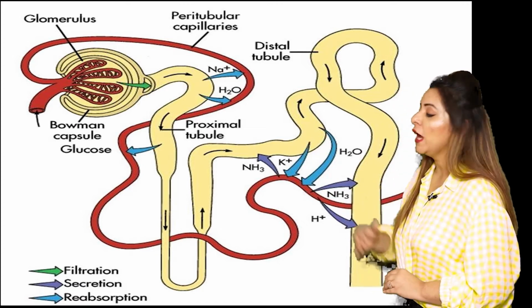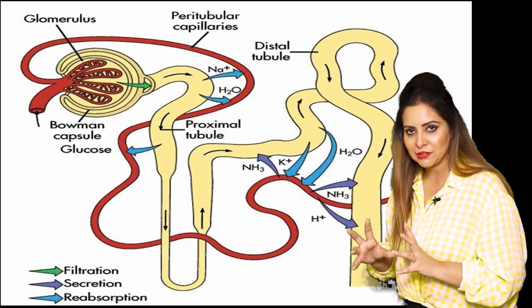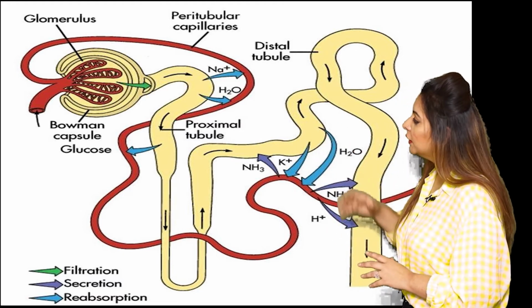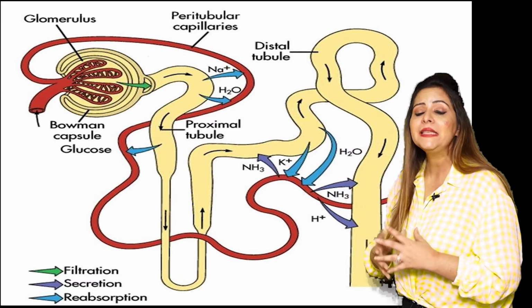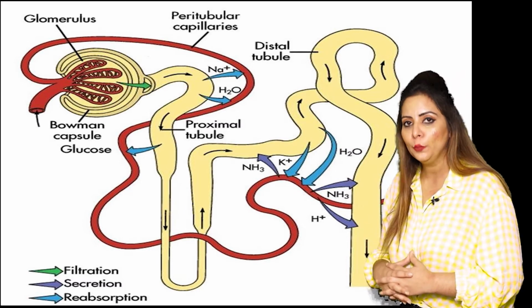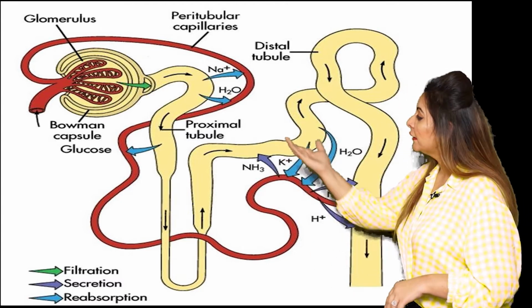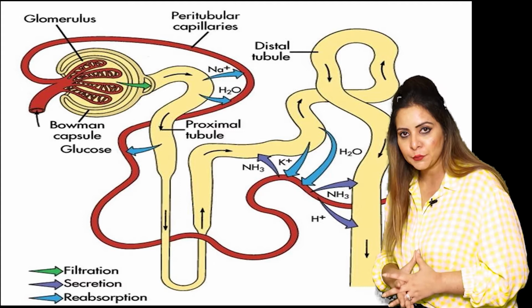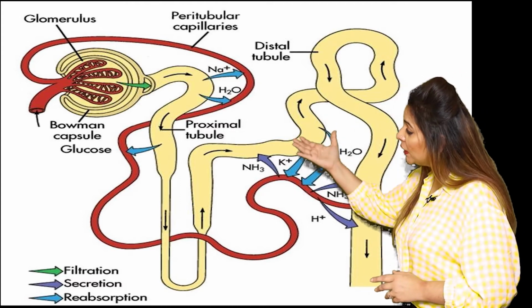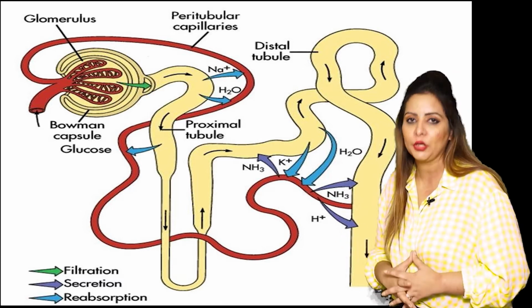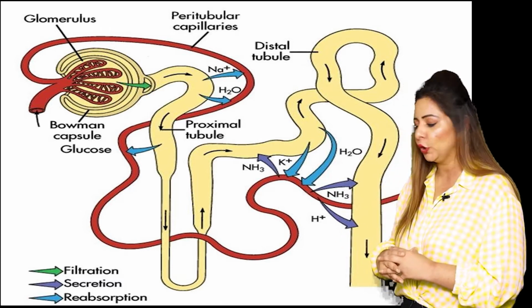So the tuft of capillaries forms the glomerulus. And this cup-shaped structure is called Bowman's capsule. I think it's clear. Capillaries form the glomerulus. The cup-shaped structure is Bowman's capsule. And the glomerulus along with this Bowman's capsule forms the Malpighian body.